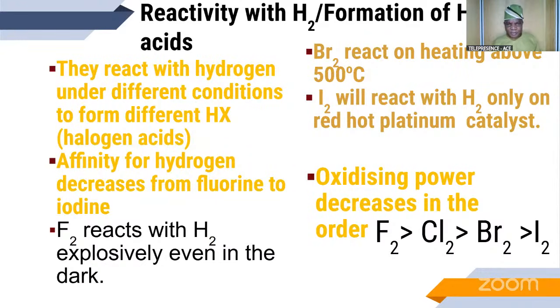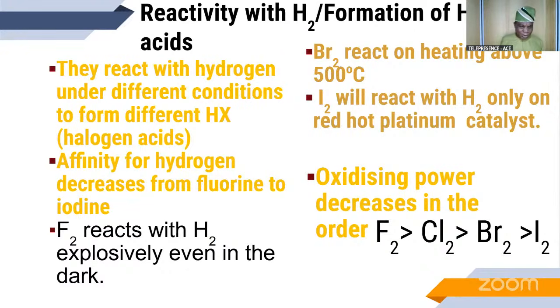So reactivity with hydrogen, that is, formation of halogen acids. They react with hydrogen under different conditions to form different halo acids or halogen acids, as the case may be. So the affinity for hydrogen decreases from fluorine to iodine.